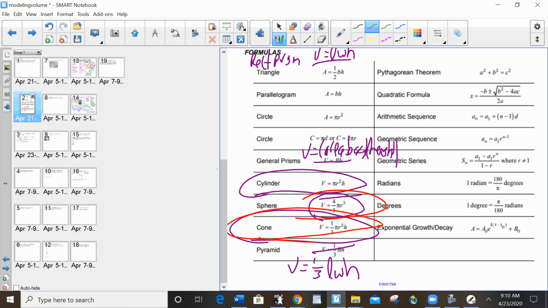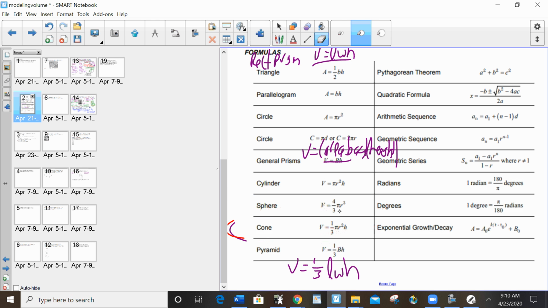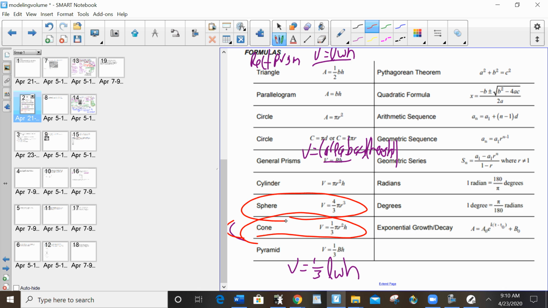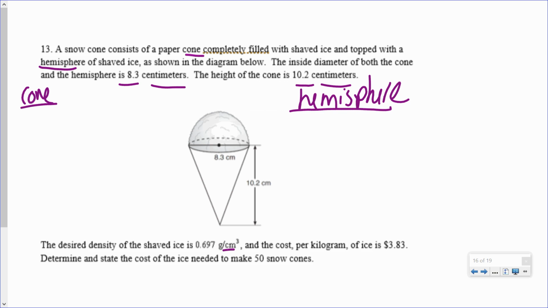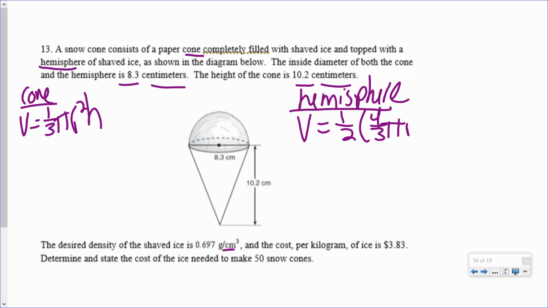Cone and sphere are both there. So we've got V equals 1/3 pi r squared h, and we've got V equals 4/3 pi r cubed.